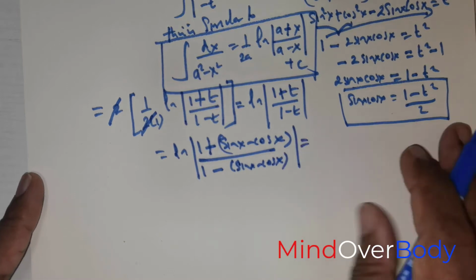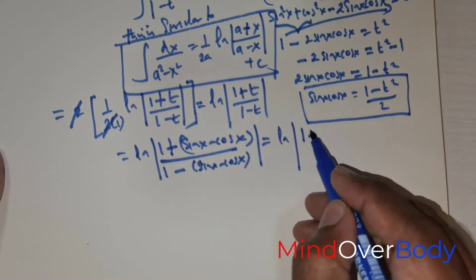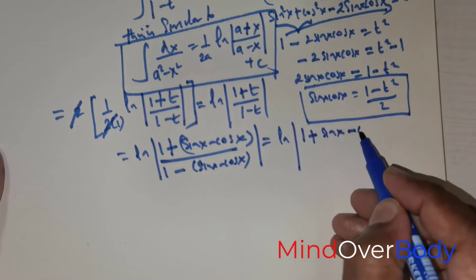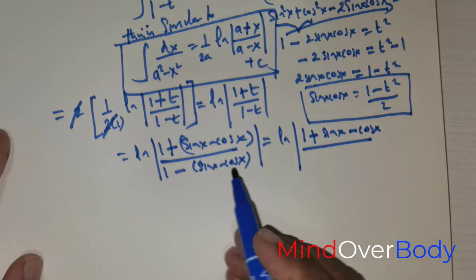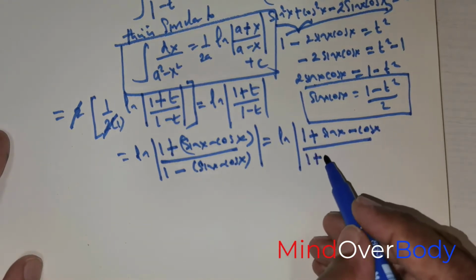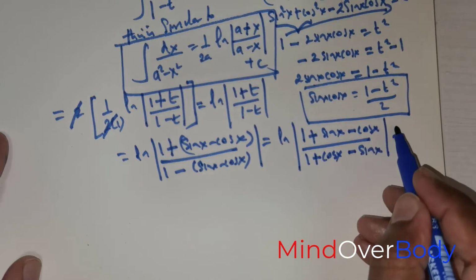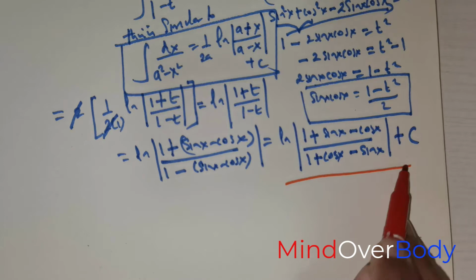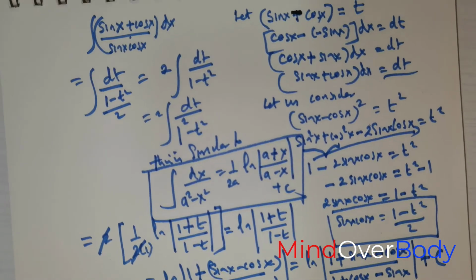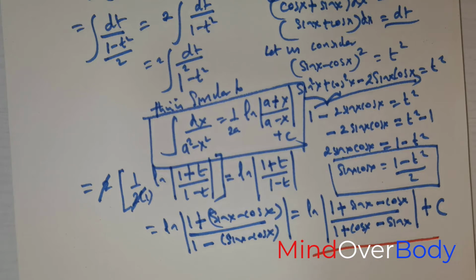If I were to rewrite this, this is going to be ln of (1 + sin x − cos x) divided by (1 − sin x + cos x). So I can rewrite this as (1 + cos x − sin x) with the arbitrary constant c, and this is a good place for us to draw the red line. So this is a beautiful question, students. I hope you understood this.